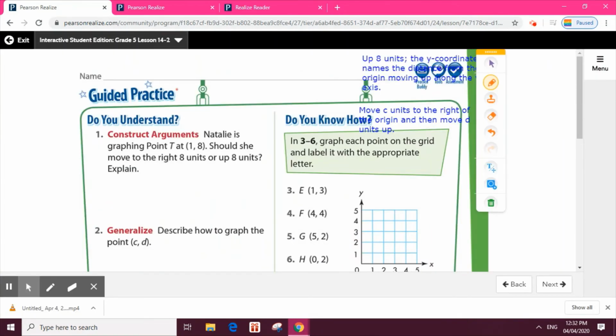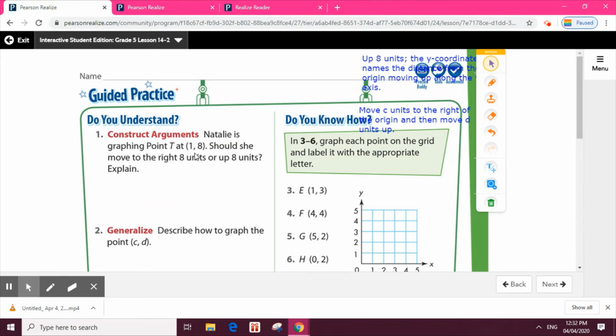Okay, let's answer guided practice, page 785. Number 1 question. Natalie is graphing point T at 1, 8. Should she move to the right 8 units or up 8 units?